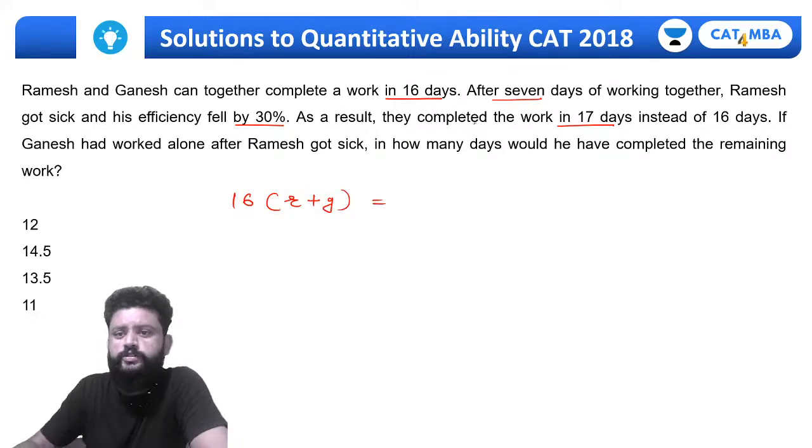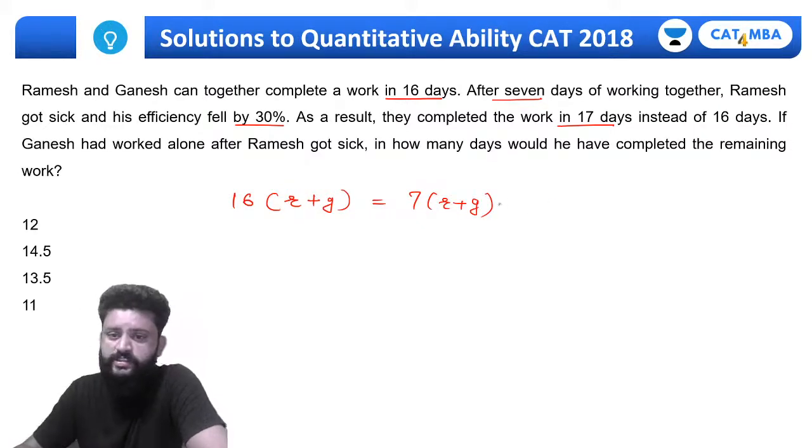This must be equal to, after 7 days, 7 times of R plus G, 100% efficiency. And after that, Ramesh got sick and his efficiency fell by 30%, means he is working with 70% efficiency. So it took 10 days more to finish that.